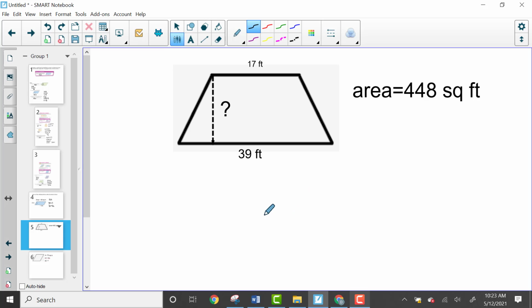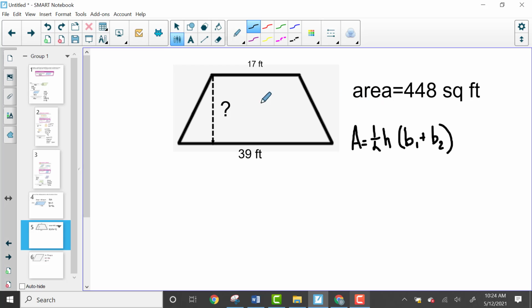Let's take a look at what this looks like for a trapezoid. If you remember the formula for the area of a trapezoid, area equals 1/2 times the height times base 1 plus base 2. You want to write that out.